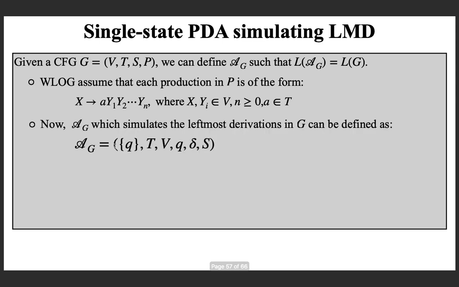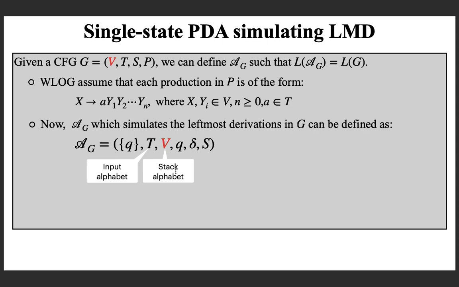So what is the pushdown automaton? Only one state, you call it Q, and the input alphabet is the same as the terminal symbols in the grammar, the same set. And the variables are going to become the stack alphabet.